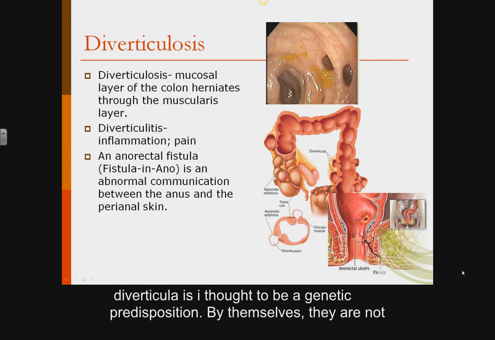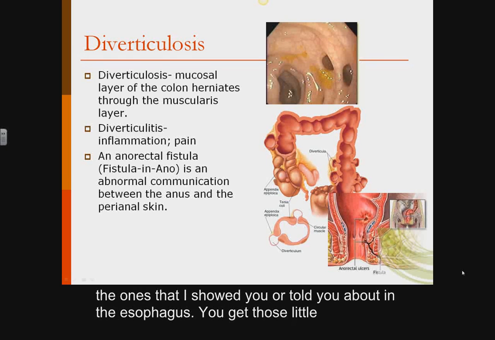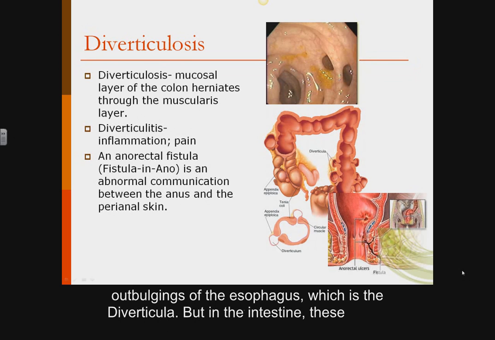Development of diverticula is thought to be a genetic predisposition. By themselves, they are not harmful. If they enlarge, they can serve as little diverticular sacs, similar to the ones that I told you about in the esophagus. You get those little outbulgings of the esophagus, which I said was the diverticula.